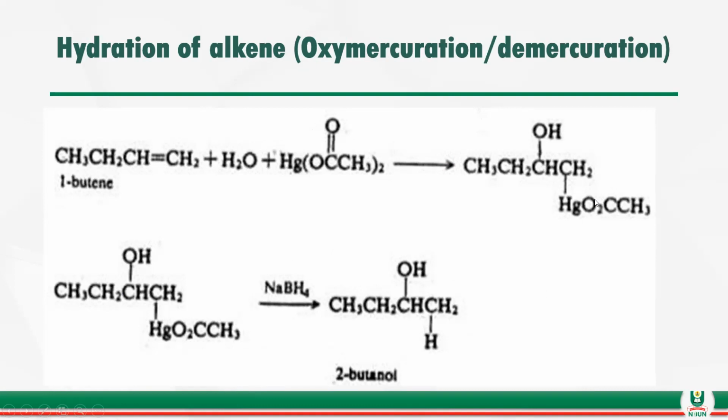You can see this is OH, just like we have in Markovnikov. OH will come to this position, while hydrogen will come to this position in the last. So you see the first thing, that position of hydrogen is occupied by mercury, and then in the presence of sodium borohydride, which is a reducing agent, you now get your alcohol.